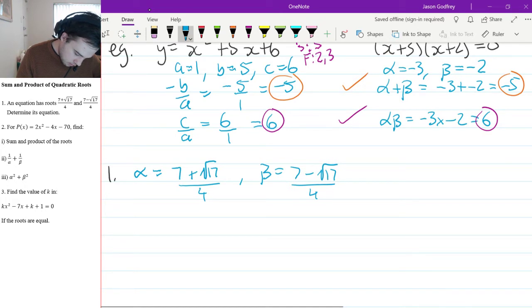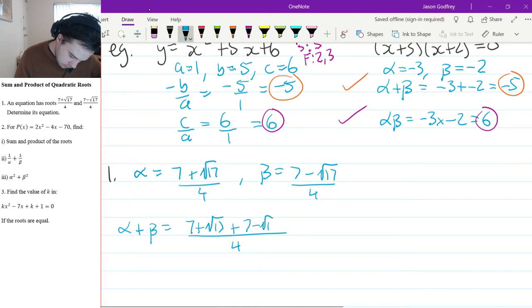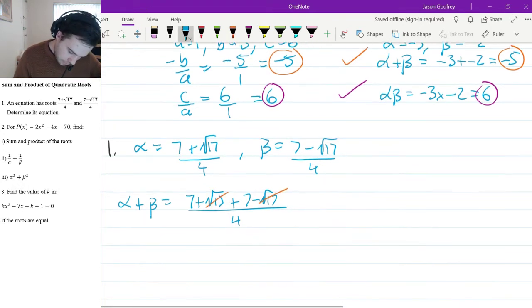So we can first add them. So alpha plus beta will be 7 plus root 17. Now, because they've got a common denominator of 4 already, if we're adding two fractions, we can add the numerators. Plus beta, the numerator is 7 minus root 17. So plus root 17 minus root 17 cancel.